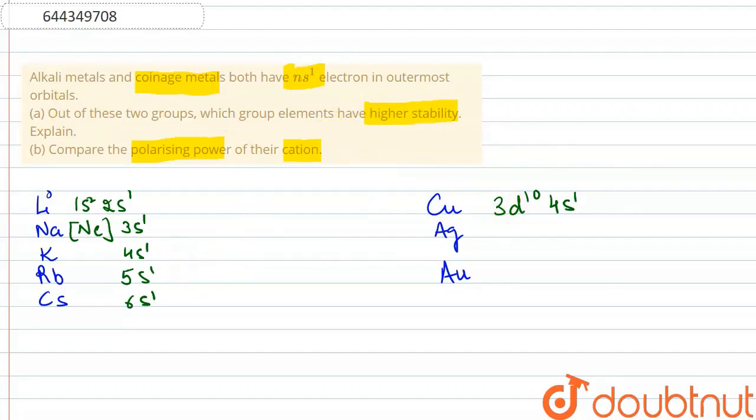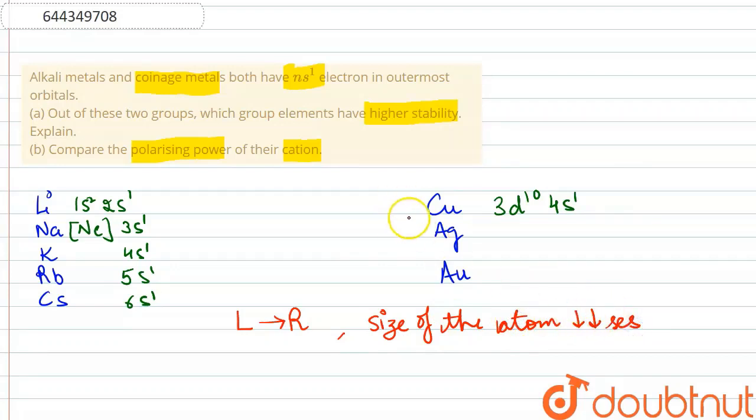So when we are moving from left to right in a periodic table, right? When we are moving from left to right, we know that the size of the atom decreases, because if you see in copper, silver, and gold, they have electrons present in their d orbitals and f orbitals.